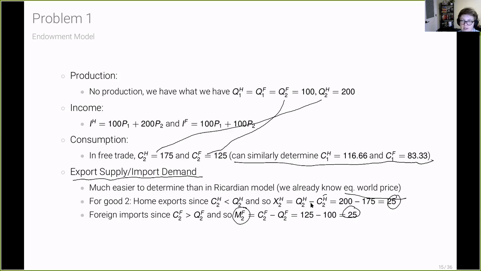So it makes sense that exports and imports of good 2 from both home and foreign are the same number. It's not really a big surprise. So that is how we solve for export supply and import demand in the endowment model. Hopefully this puts it in a framework in which you can compare it to the Ricardian model. That's all I have on the endowment model.